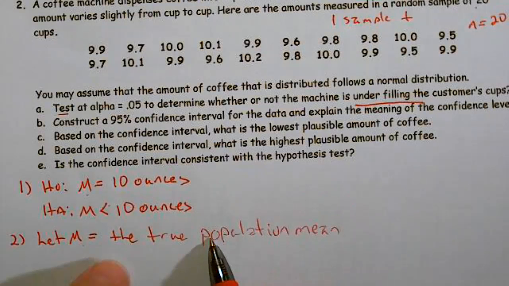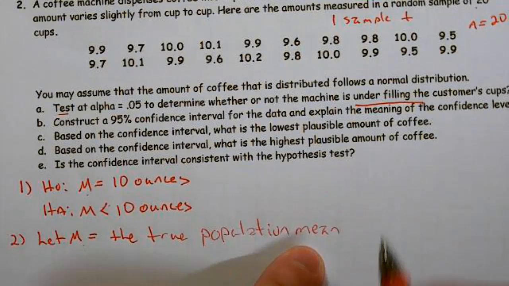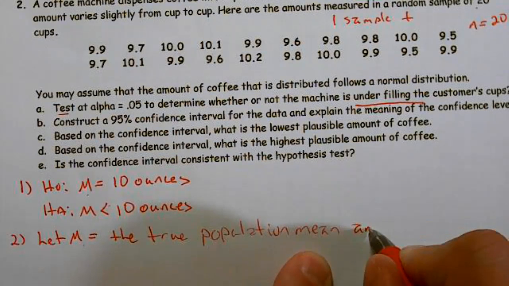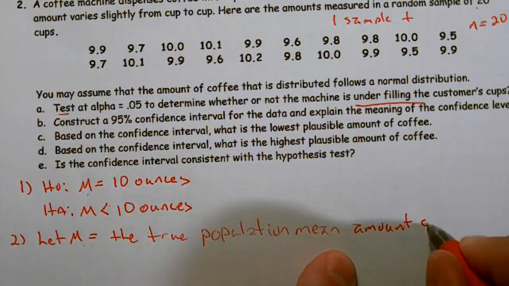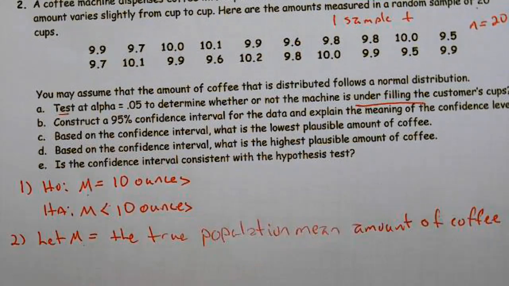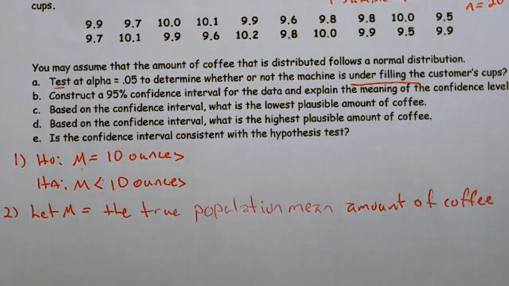Here I don't. So let mu equal the true population mean amount of coffee. Really, it's the true population mean amount of coffee in the cup.